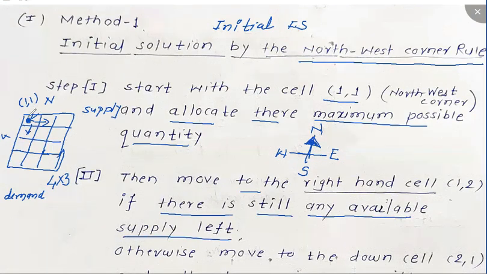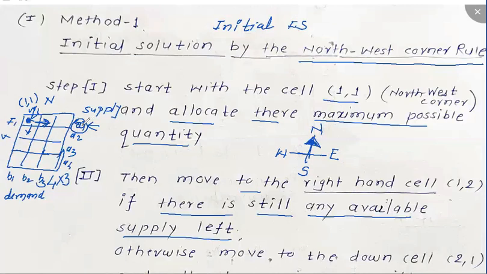So after making an allocation in the cell 1, 1, see if any supply is left for this factory F1. These are the requirements B1, B2, B3, and here we have A1, A2, A3, A4 supply available. Out of this available supply, we allocate maximum possible quantity in the cell 1, 1, and if still there is some supply left, we move to the right hand cell 1, 2.